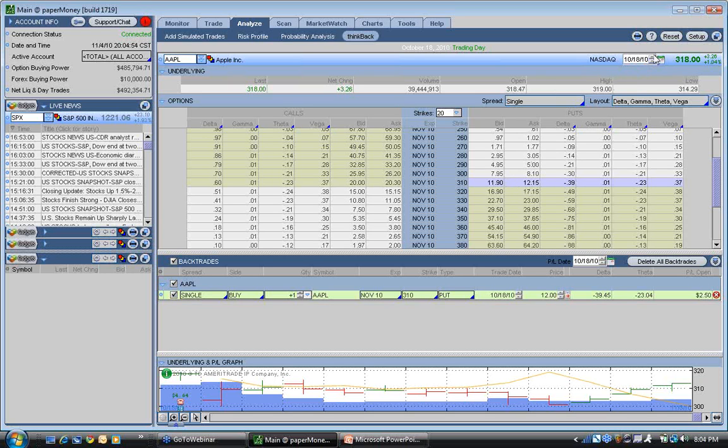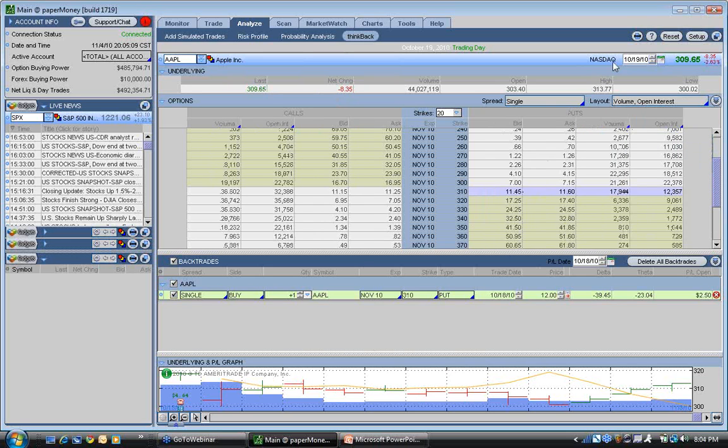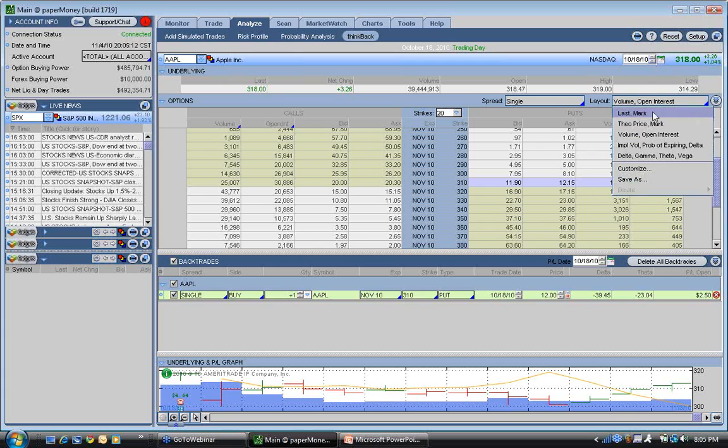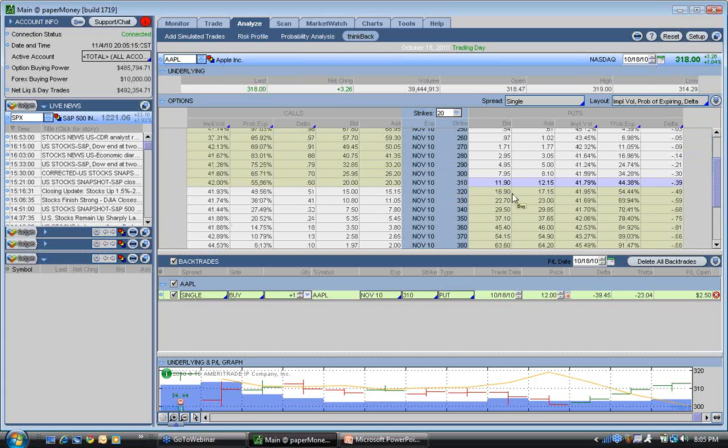Now just pay attention to what happens the next day. You see it's actually down, even though the stock ends up below where we were. That is because of the implied volatility. That's open interest. Take a look at the implied vol.